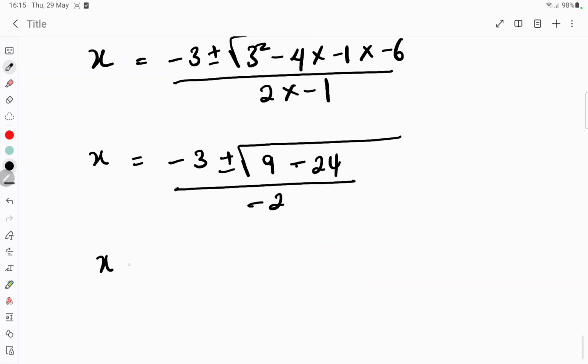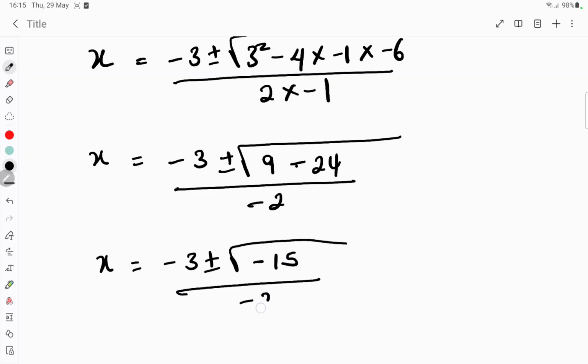Good. So x is now equal to minus 3 plus or minus the square root of 9 minus 24, which is basically minus 15. Then divided by minus 2. And this is clearly leading us to a complex solution.